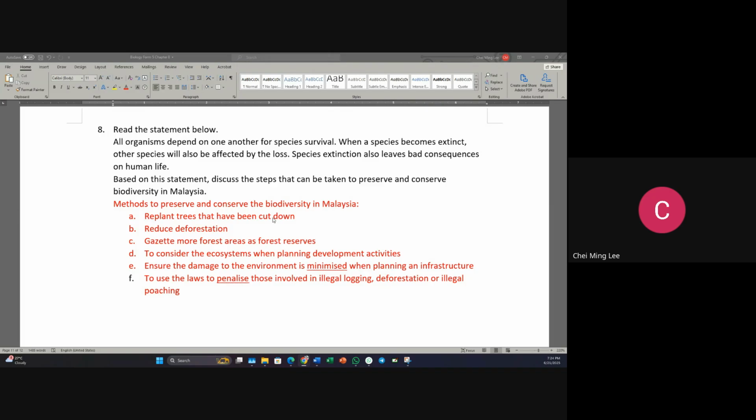So what we can do is replant the trees that were cut down, reduce deforestation, and gazette more forest area as reserves.